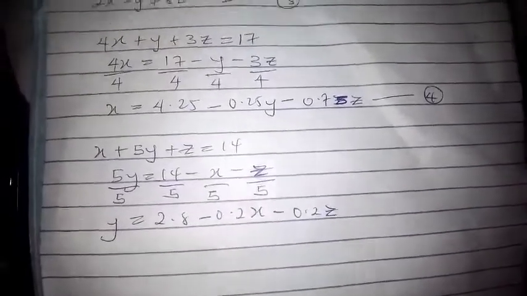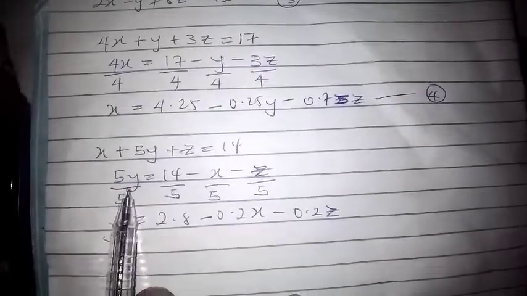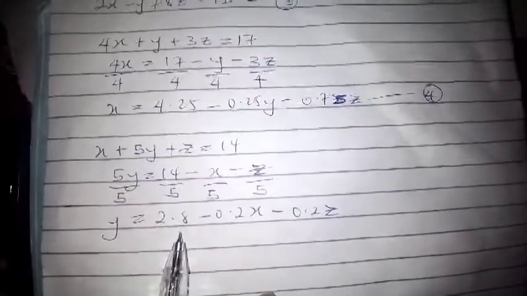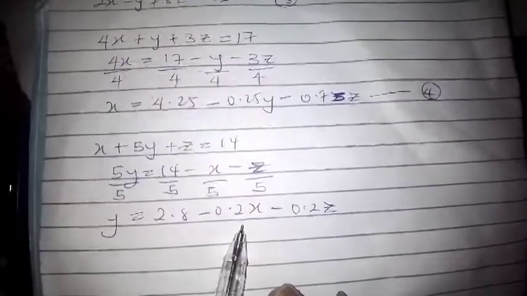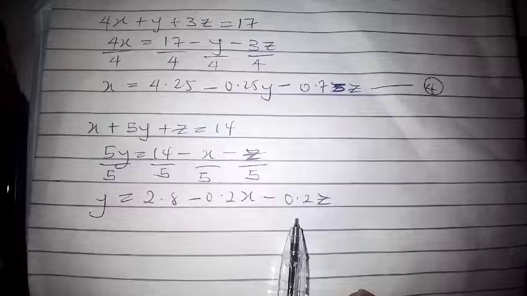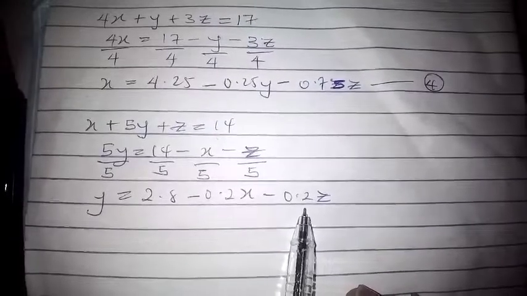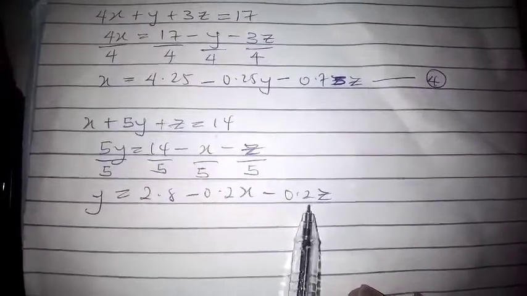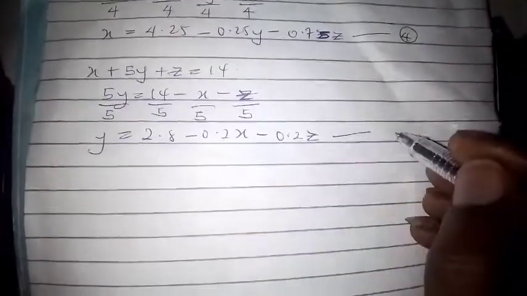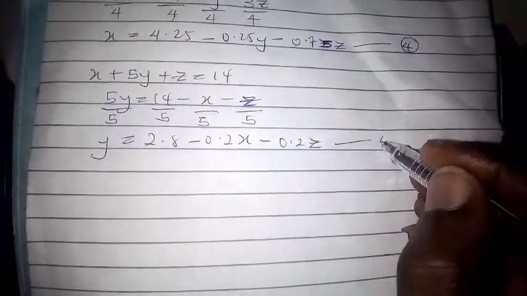Now, if you divide through by the coefficient of y, which is 5 divided by 5, 14 divided by 5 is 2.8, minus 1 divided by 5 is 0.2x, minus z divided by 5 is 0.2z. So now this is equation 5.